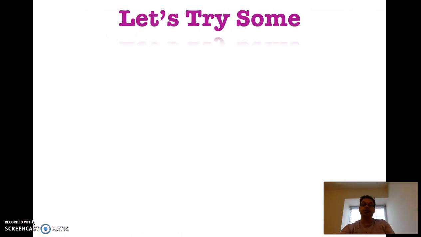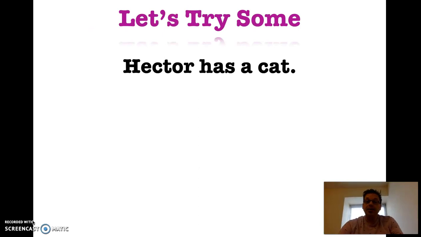Let's look at some examples. Hector has a cat. Is there an adjective here? Well, yes and no. If we think that determiners, such as the article, are adjectives, then yes, there is an adjective. But if we think of adjectives how we traditionally think of them, we might say no. Remember, the is an article, and there are three of them.